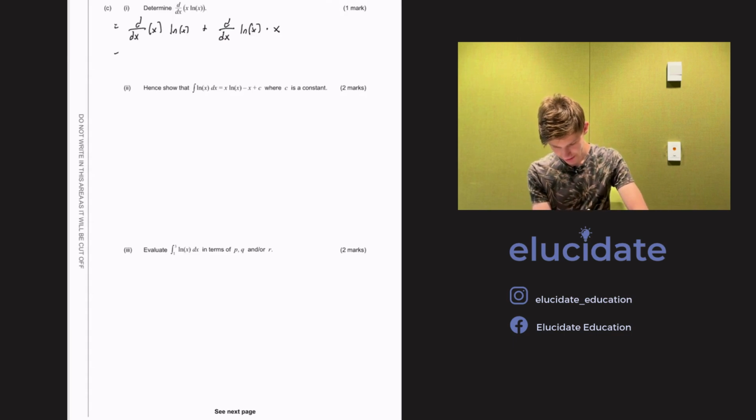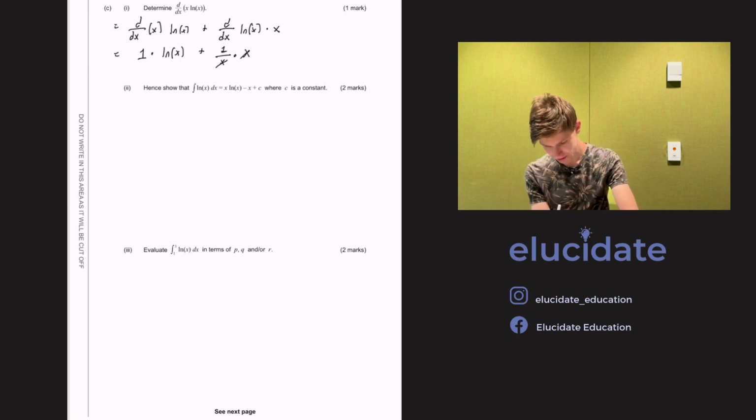So if we do that, we see that the derivative of x is just 1 times ln x. Now the derivative of ln x, we know that that is 1 divided by x, times x. These things cancel. We end up with ln x plus 1.